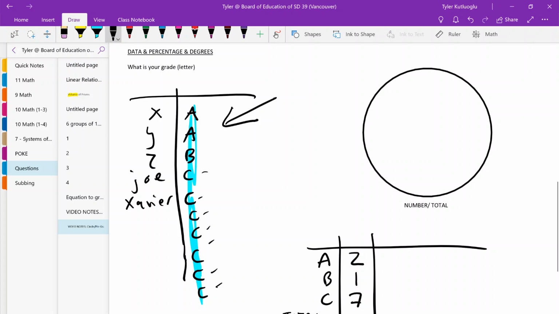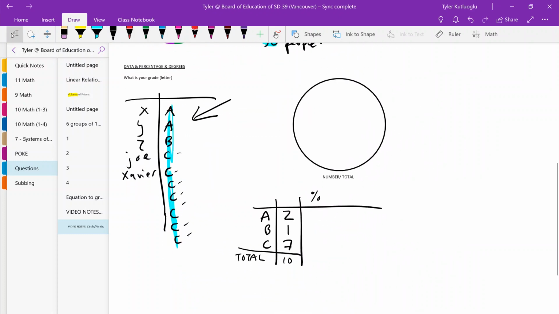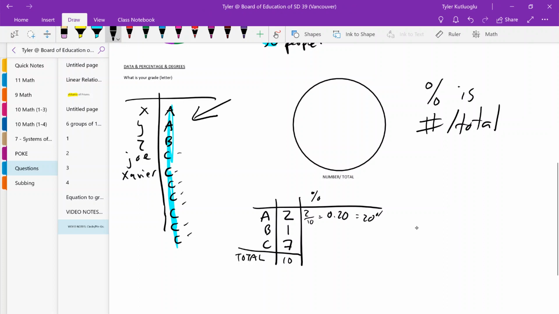So now what we're going to do is actually write what the percentage is. The way we do percent is we take, let's write it on the side so we remember, percent is number divided by total. So in this case, we do 2 divided by 10. So 2 divided by 10 equals 0.20, which is the same as 20%.